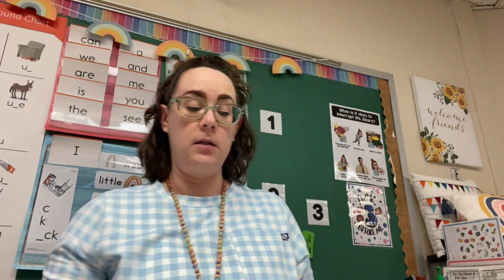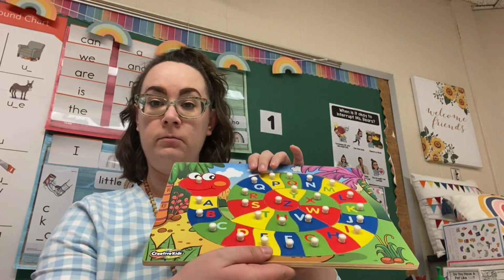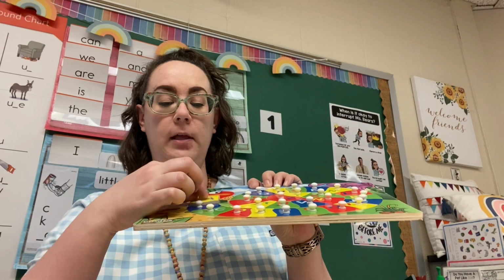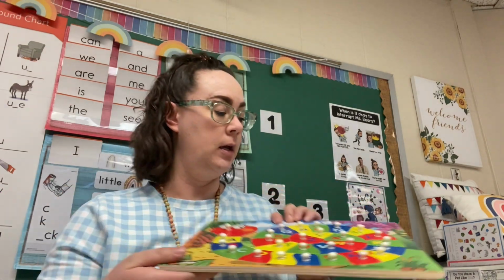The next bin is two alphabet puzzles. The first one is a little bit more challenging. It's a snake with the letter. When you lift the letter out, it has the letter underneath, so they're just matching. And then same thing with this one. This one is actual letters that they place in the slots in the different designs.